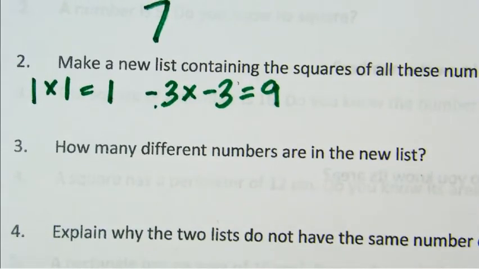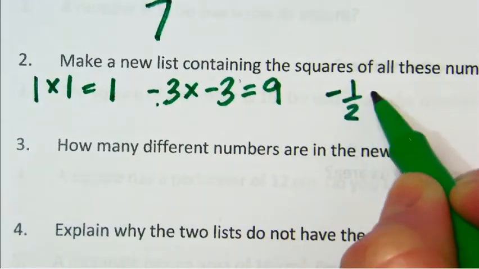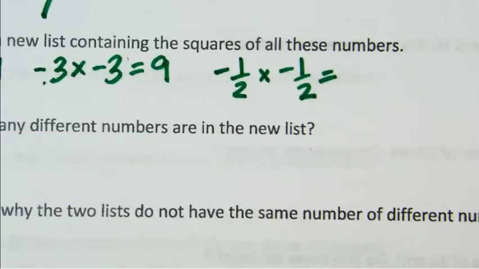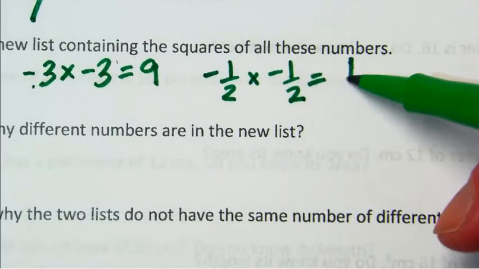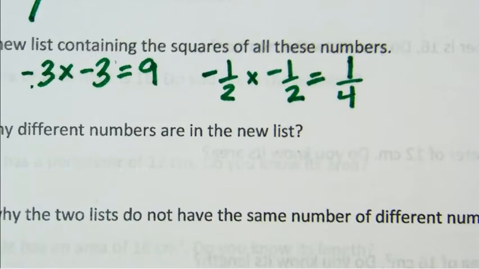So take a minute. I'm going to do it up here, but at your desks, take each of these numbers in the list and square them, or multiply them by themselves. Then compare to what I have up here.